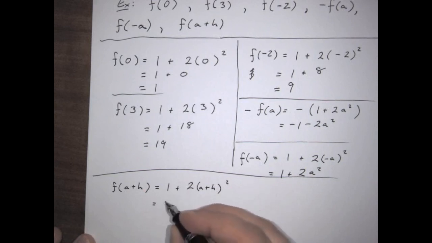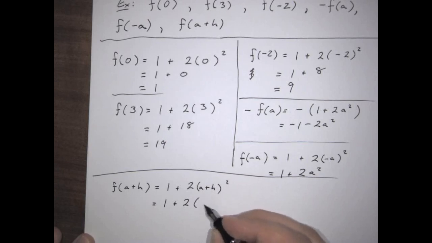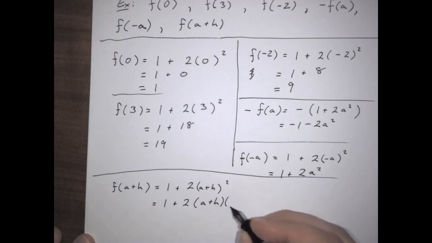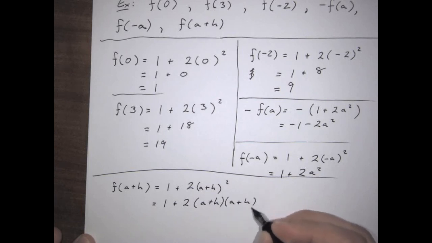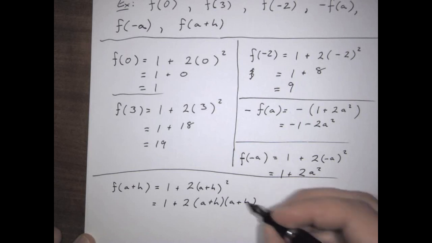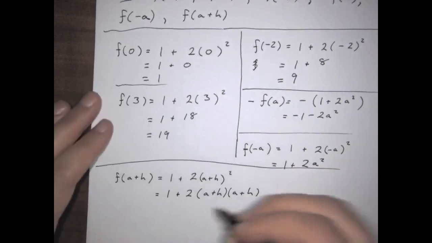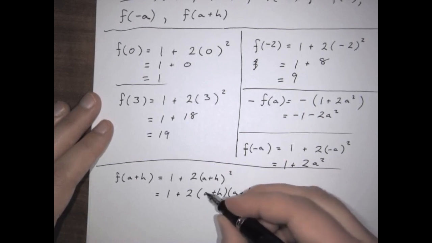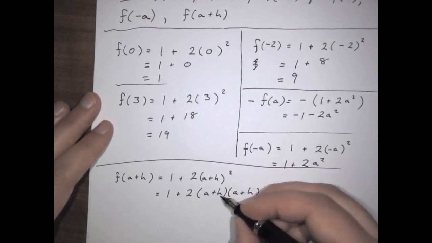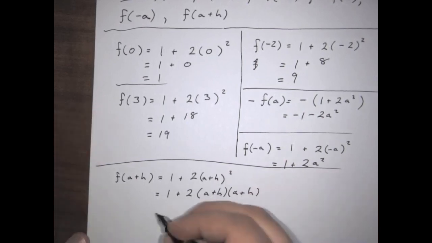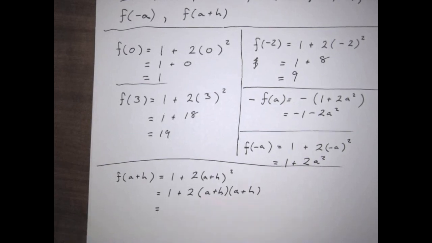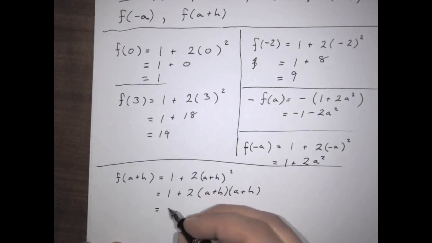And what that means is that what we are going to be dealing with here is 2 times a plus h repeated. So we're going to have to carefully mind our parentheses here, and then this is a situation where we have to do what is called foiling, where you have to take every term of each of these two factors and distribute it to the other factor.